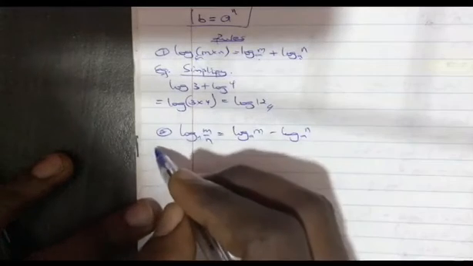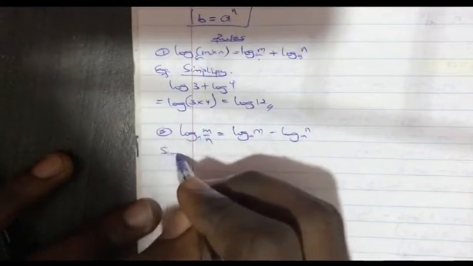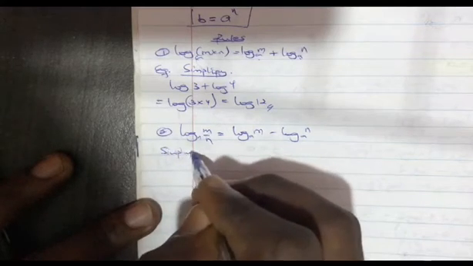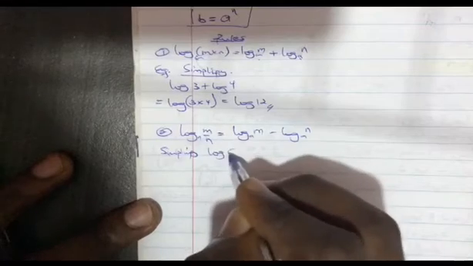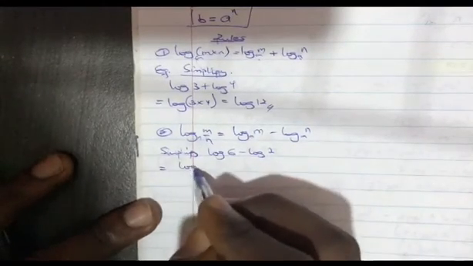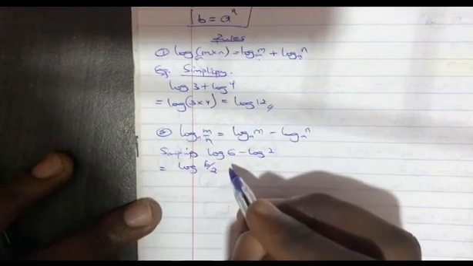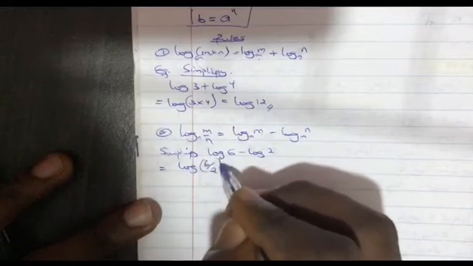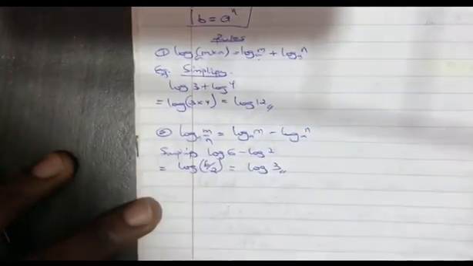So simplify log of 6 minus log of 2. This is just equal to log of 6 over 2 all to the base 10. So this is just log of 3. That's the final answer.